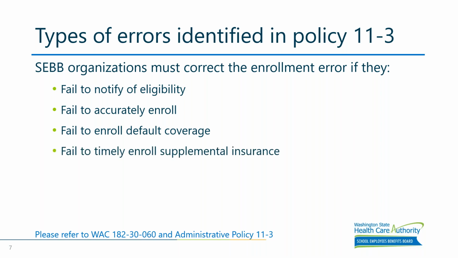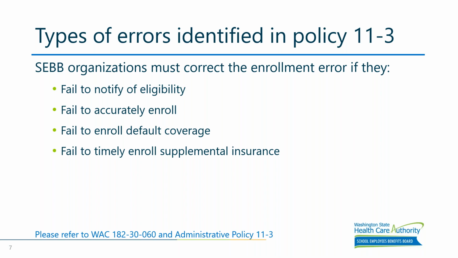And then failure to timely enroll in supplemental insurance. So maybe the employer did not enroll supplemental insurance for that employee. They dropped off the form that they requested supplemental coverage, which created premiums owed or an evidence of insurability.